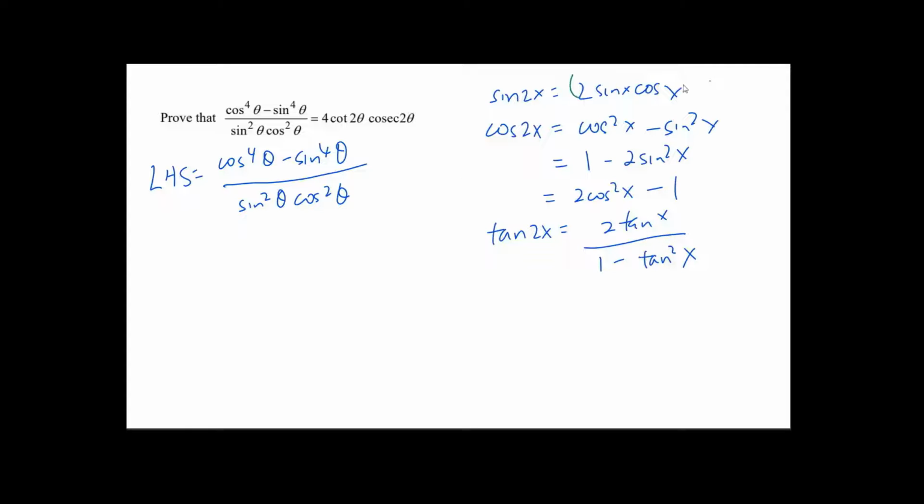If I square this identity, I'll end up having sine squared 2x equals 4 sine squared x cosine squared x. Therefore, sine squared x cosine squared x equals 1/4 sine squared 2x, and this is what I'm going to change this portion to. So I'm going to change sine squared theta cosine squared theta into 1/4 sine squared 2 theta.